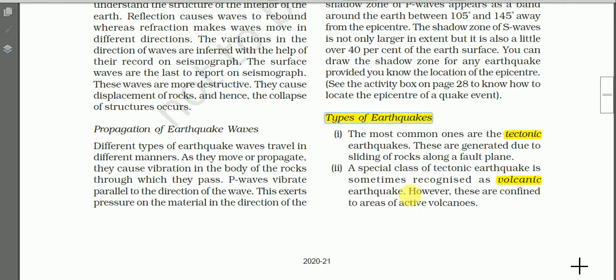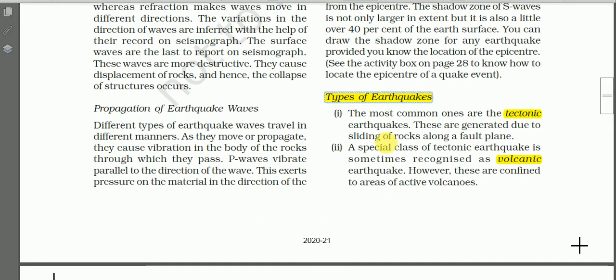Now let us read. The most common ones are the tectonic earthquakes. The most common type of earthquake is tectonic earthquakes, and these are generated due to sliding of rocks along a fault plane. So we have to recall the faulting process.